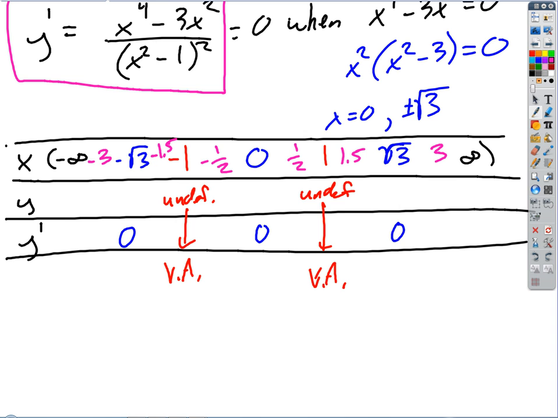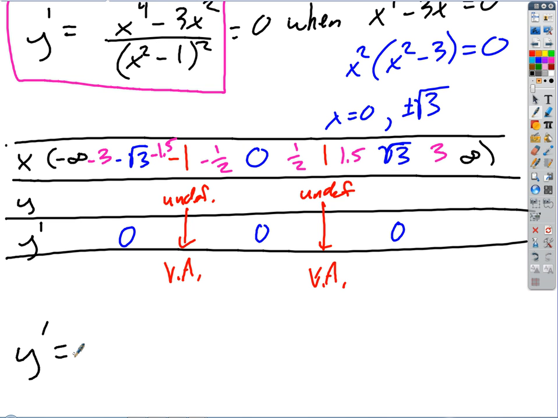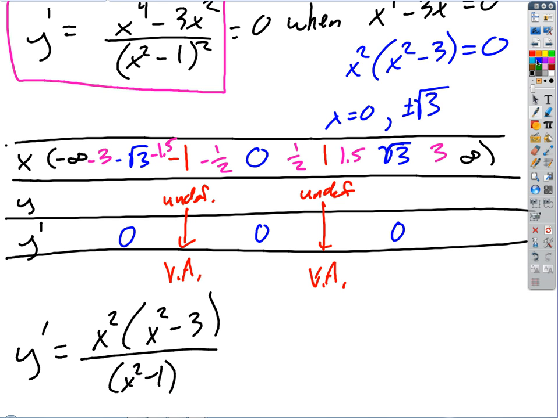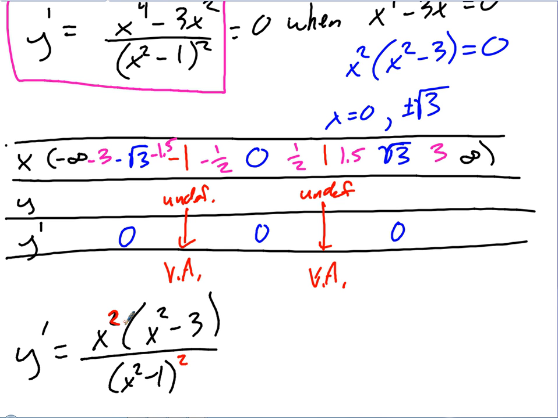So we can turn that into, how about y prime equals x squared times x squared minus 3 over x squared minus 1 squared. Why is that? How come those are red?